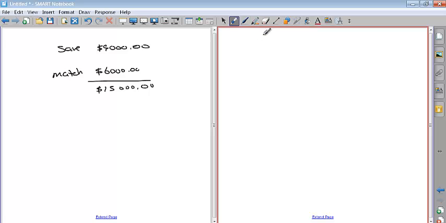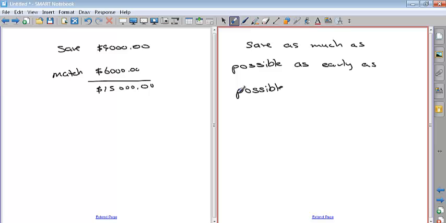Okay, and in class, we did a lot of examples showing how money can build. The key thing here is to save as much as possible as early as possible, because the earlier you save it in your working career, the longer that money has a chance to build its value.